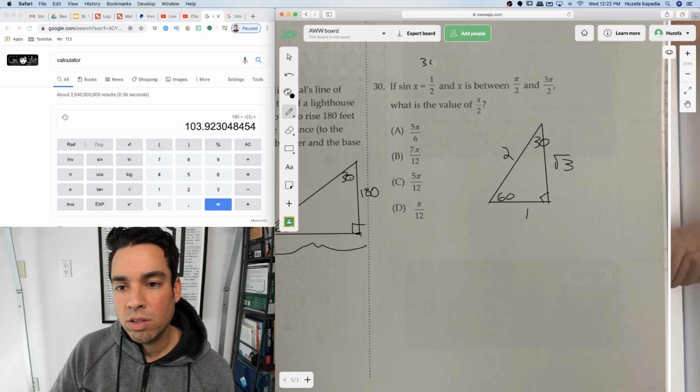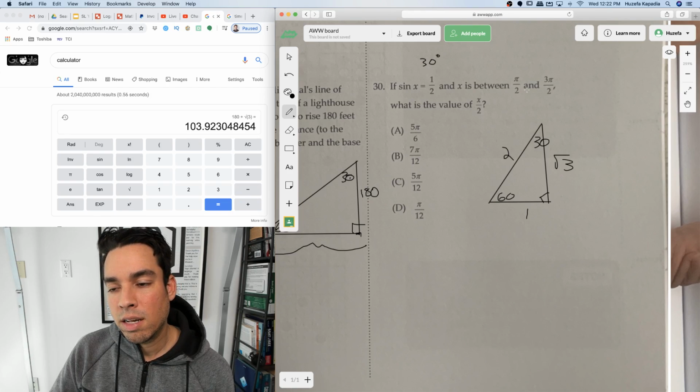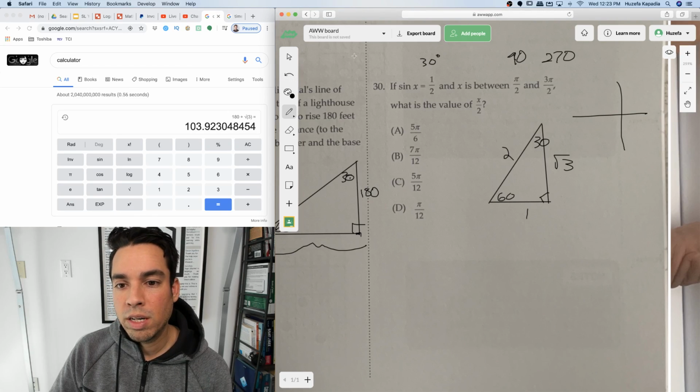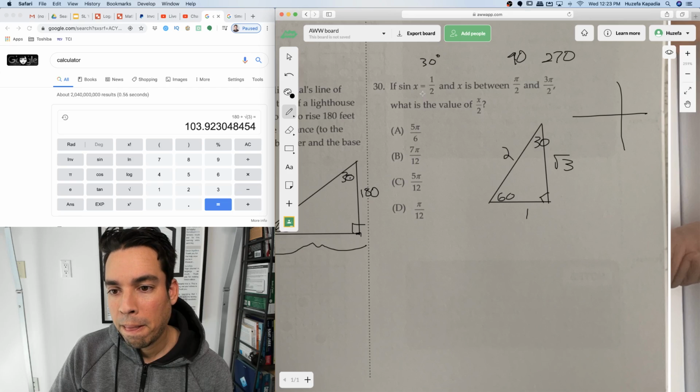Oh, and then it's saying it's in the pi halves, which is 90, so you should know your radian conversions. Pi halves is 90, pi is 180, 3 pi halves is 270. Which means between 90 and 270 is quadrant 2 or 3, and they're saying it's positive, right?